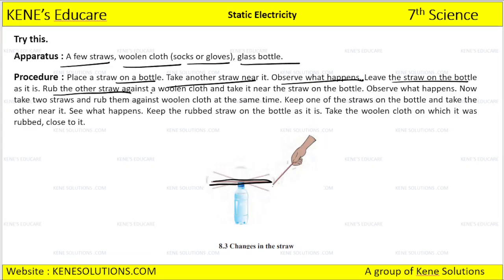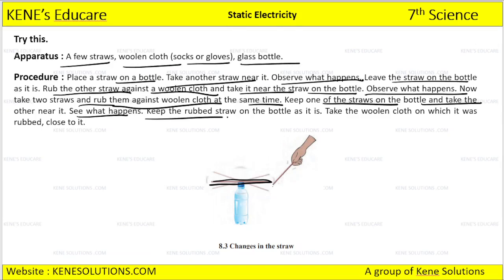Rub the other straw against the woolen cloth and take it near the straw on the bottle. Observe what happens. Now take two straws and rub them against woolen cloth at the same time. Keep one of the straws on the bottle and take the other near it. See what happens. Keep the rubbed straws on the table as it is and take the woolen cloth on which it was rubbed close to it.